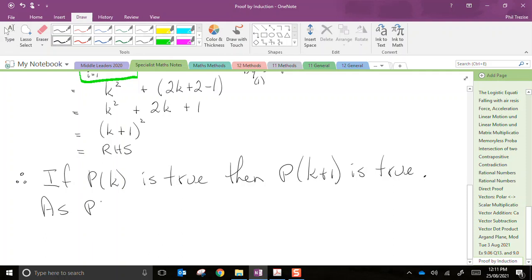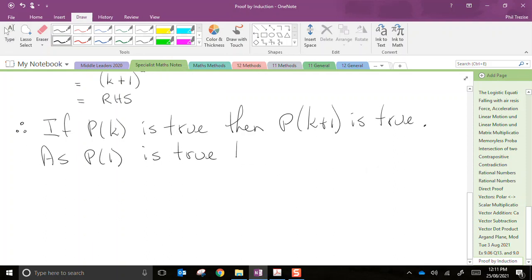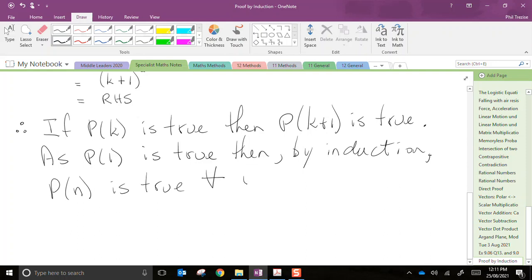As proposition 1 is true, we also showed the base case, then by induction, proposition n is true for all numbers n which are elements of the positive integers. QED. And we're done.